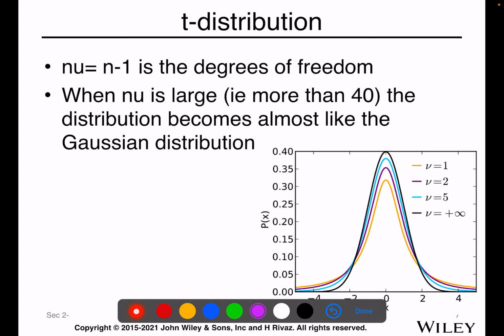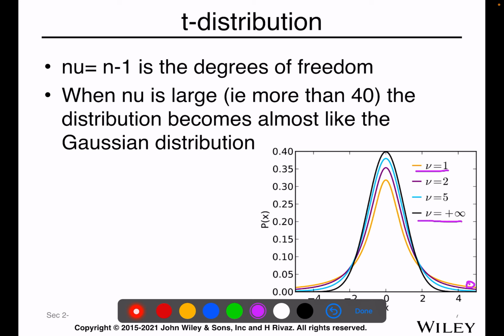So this is how the t-distribution looks. It's very similar to a normal distribution. Like the normal distribution, it is symmetric. The difference is that it has heavier tails. For example, if you look at degrees of freedom equal to 1, so nu equal to 1, you see that it doesn't approach 0 as fast as the Gaussian.